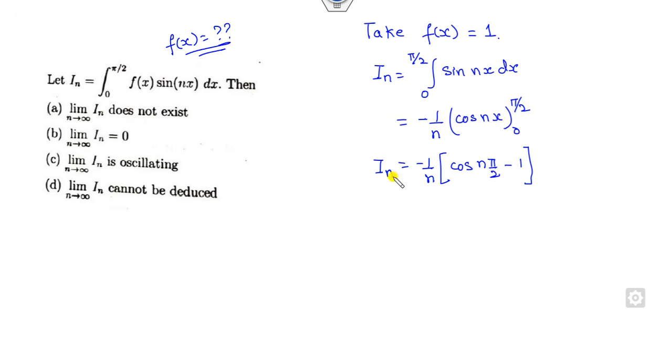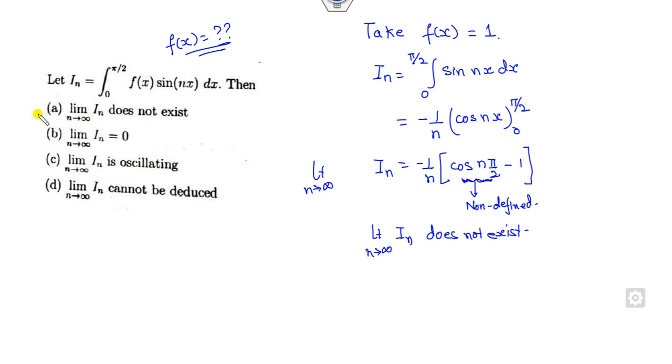Fine. Now what will happen as n approaches infinity? What is the cos of infinity? This is not defined. As n approaches infinity, this is not defined. So what does it mean? The limit as n approaches infinity does not exist.